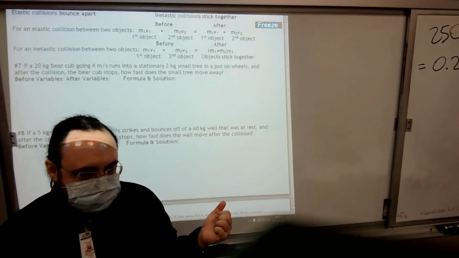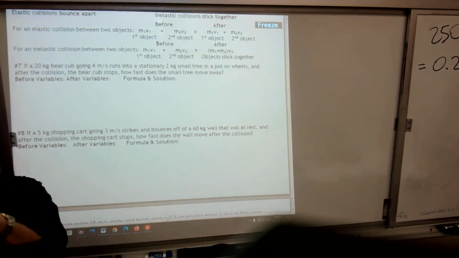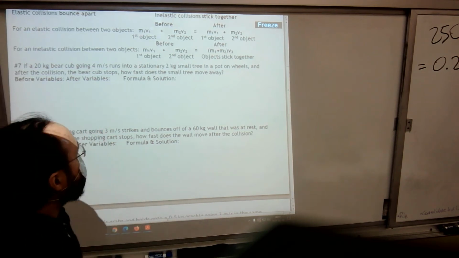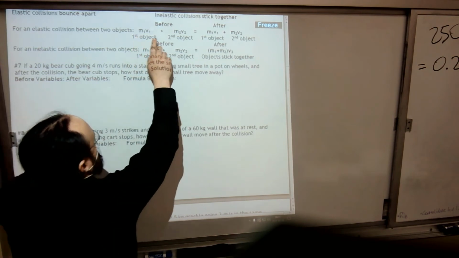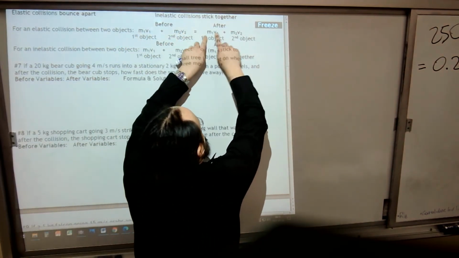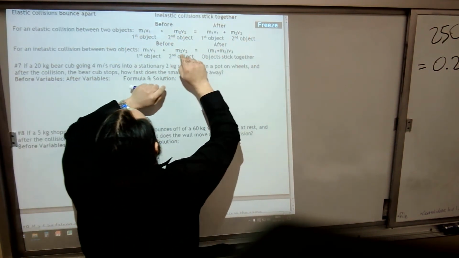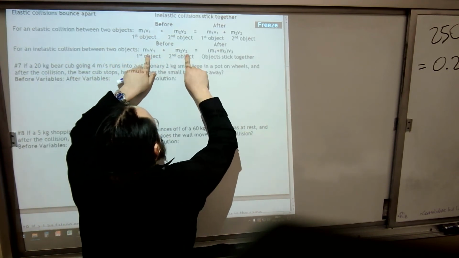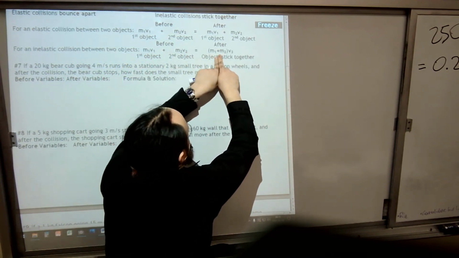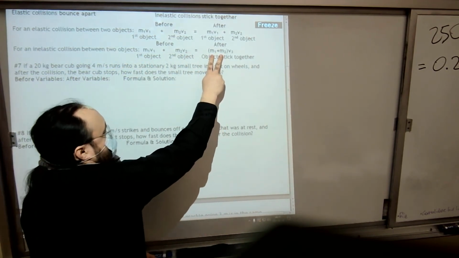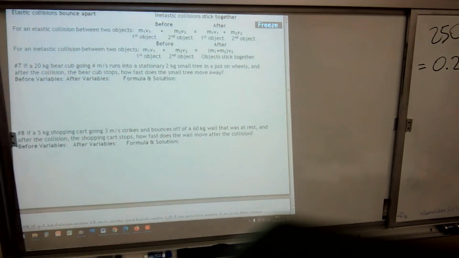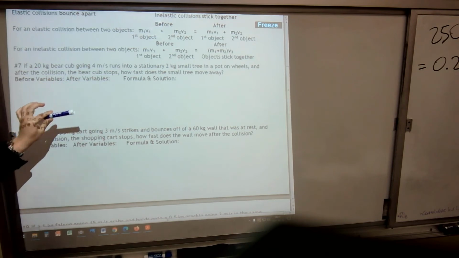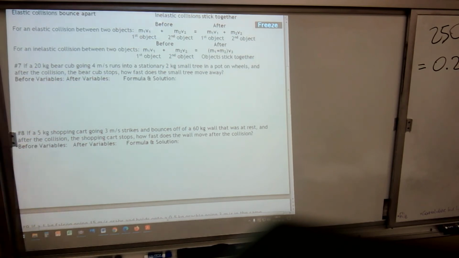The inelastic ones stick together. With the elastic ones, you have 2 objects before and 2 objects after. With the inelastic ones, you have 2 objects before, but then they stick together afterwards. We've done problems of each of those. Most recently we did an inelastic one, so I'm going to work the elastic one today.